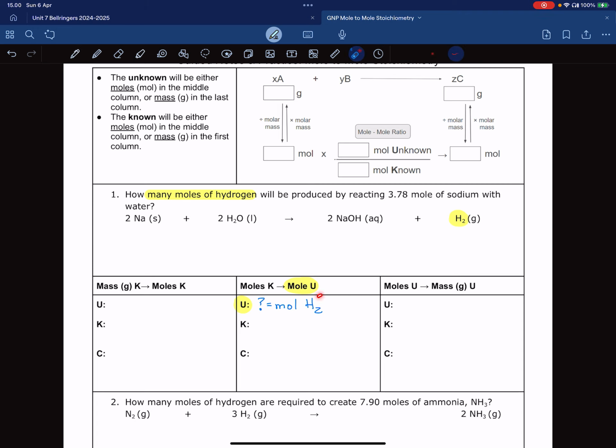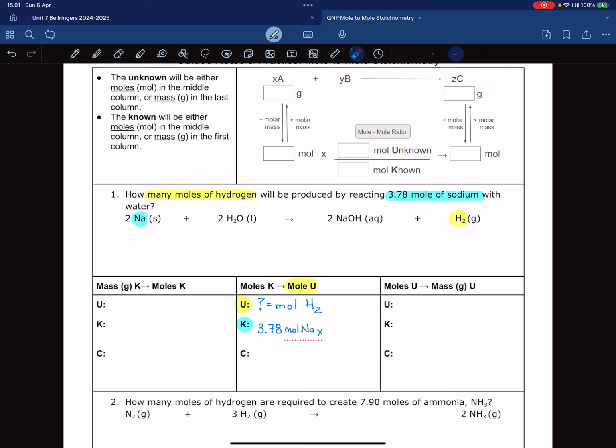Now you have to label what the substance is. How many moles of hydrogen will be produced from reacting 3.78 moles of sodium? That is our known, 3.78 moles of sodium, and we're going to multiply that by something.